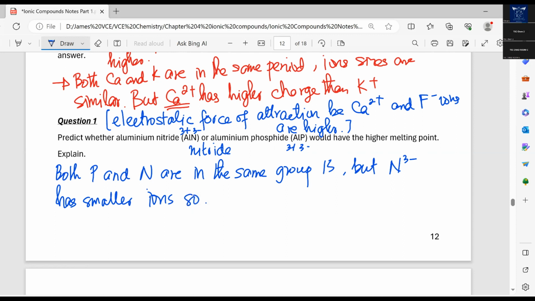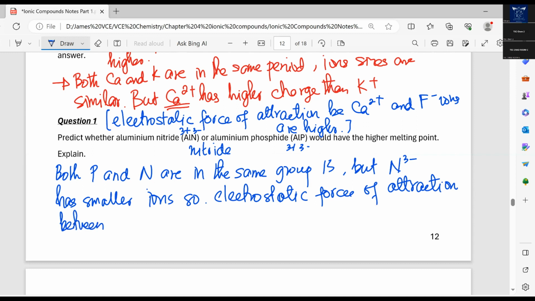So again, you must mention electrostatic force of attraction. Electrostatic force of attraction between Al3 plus and N3 minus ions is stronger. Then this one will have a higher melting point.